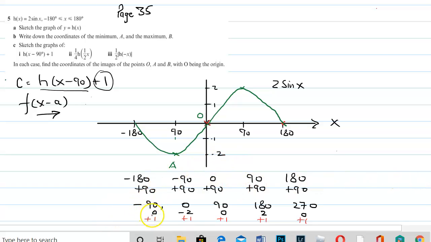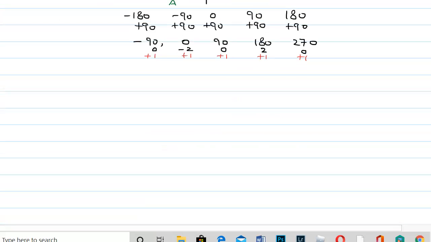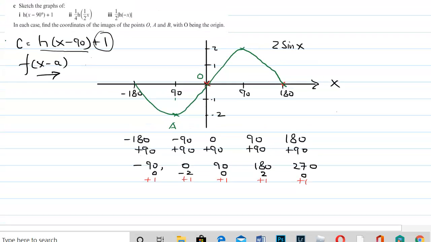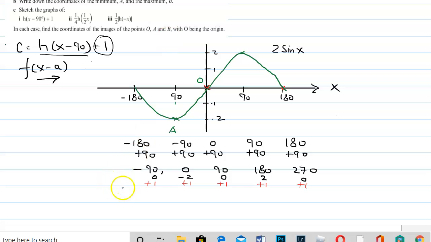So the first coordinate is this one, -90 at 1. So the coordinates are -90 and 1.